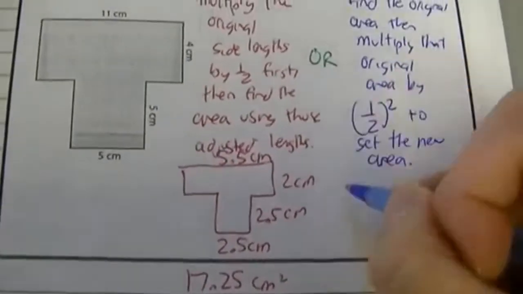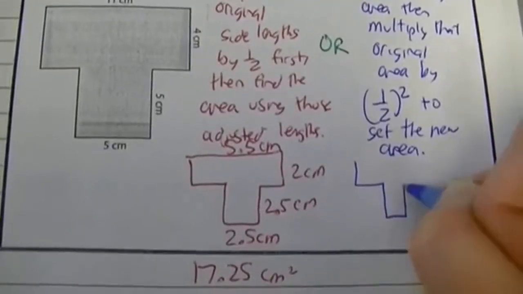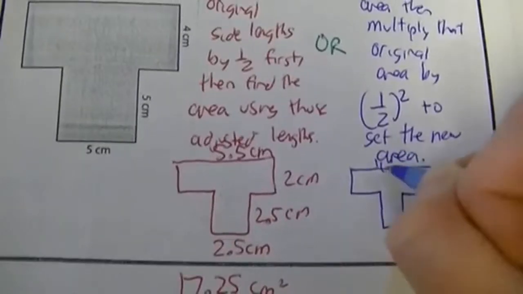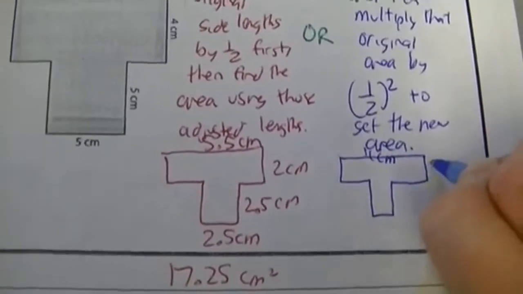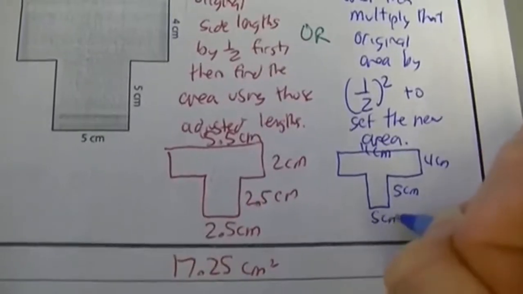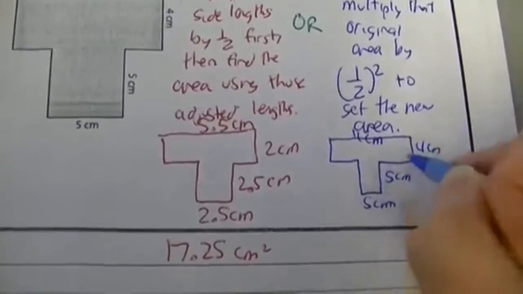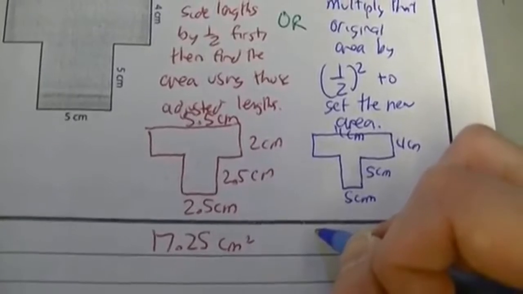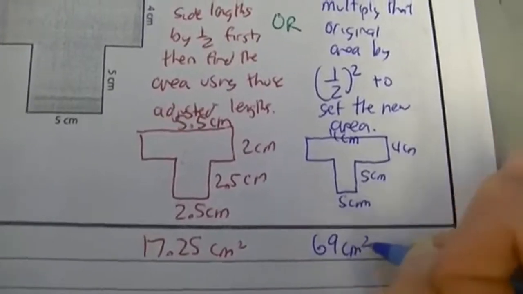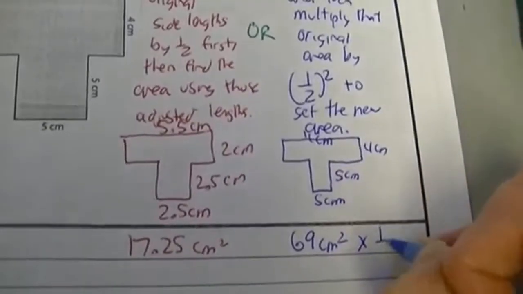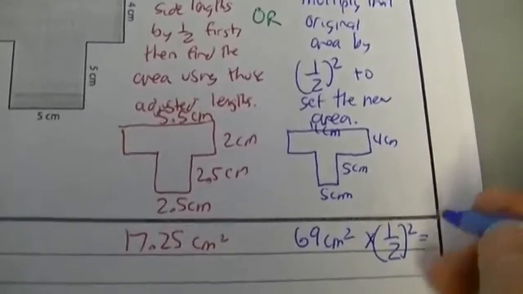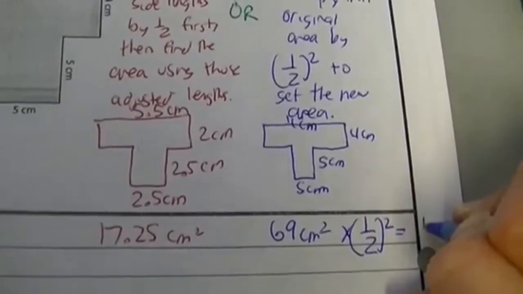And for this one, using the original area, oh, that's a horrible drawing. When you find that, you would take that original area, which I think is 69 centimeters squared, and you're going to multiply it by that scale factor to the second power, and that would give you the same exact answer.